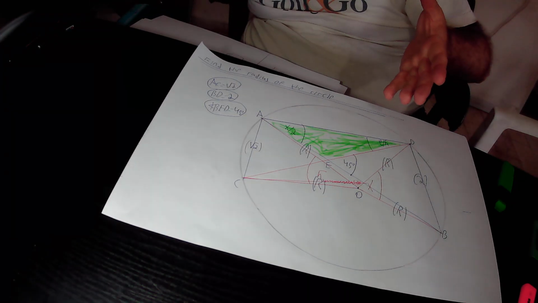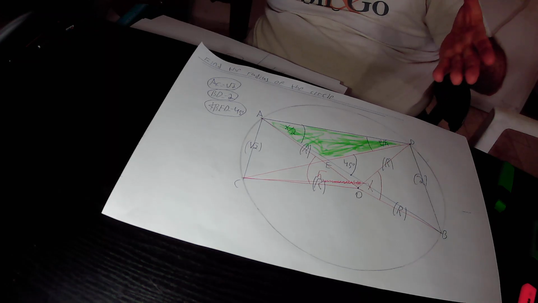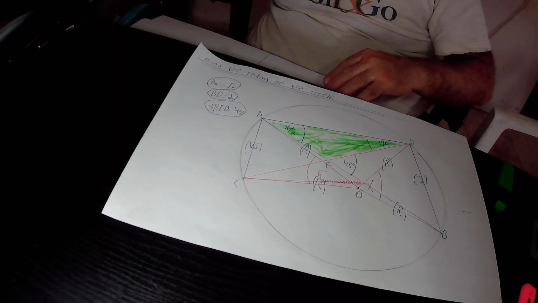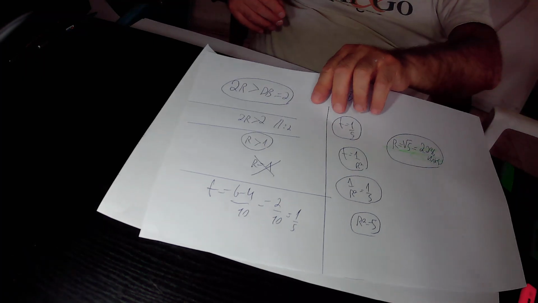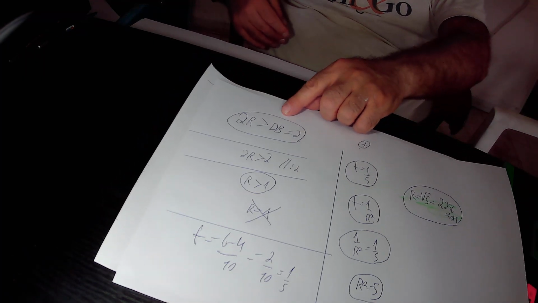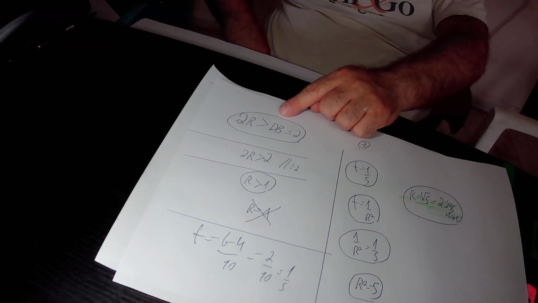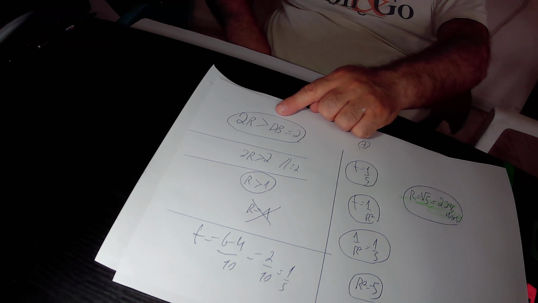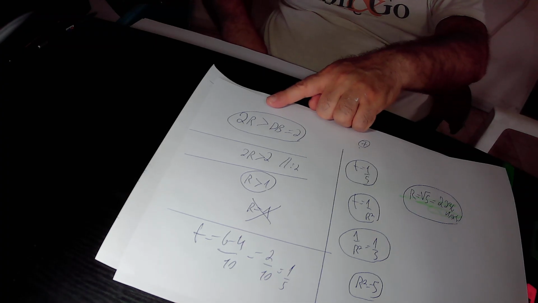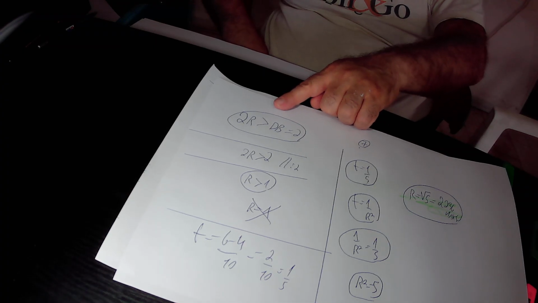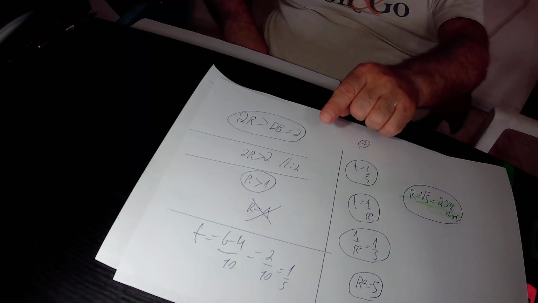What is the diameter of this circle? The diameter of this circle is of course equal to 2r. So the diameter of our circle, 2r, is the longest chord in the circle, and therefore it will definitely be greater than dB, which is not the diameter of the circle, and dB equals 2. From this we derive that 2r is greater than 2.